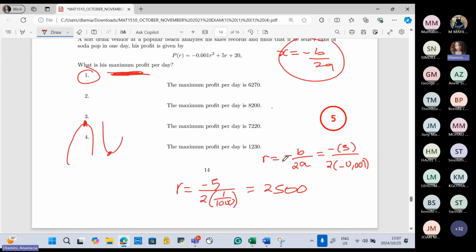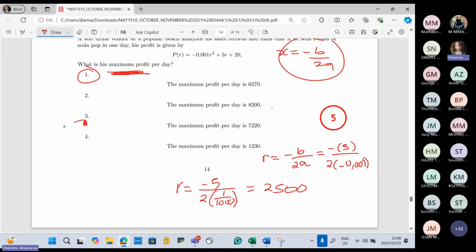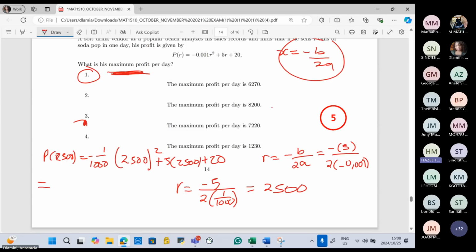So it's P(r) at 2,500 is equal to minus 1/1000 times 2,500 squared plus 5 times 2,500 plus 20, which equals 6,270.